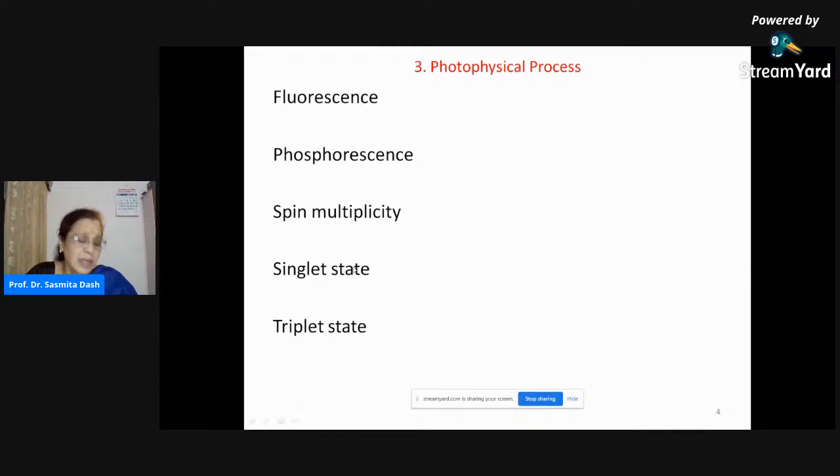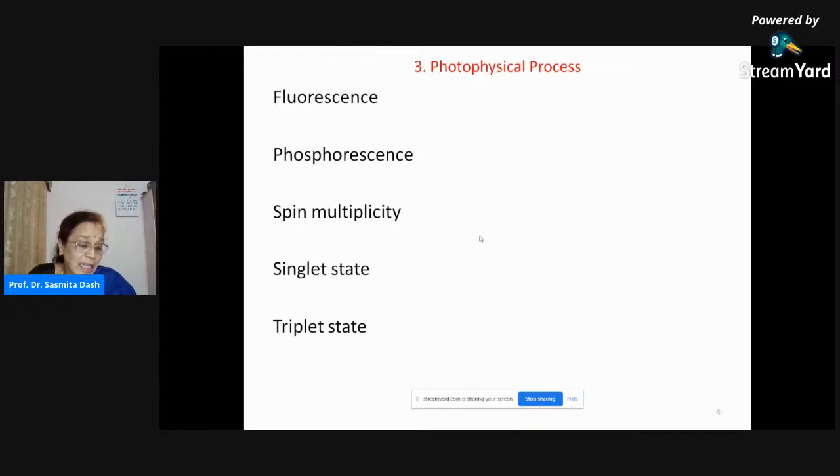Coming to the absorption of light, in which one of the paired electrons goes to a higher electronic state, the spin orientation of the two single electrons may be either both parallel or both antiparallel. So in that case, the total spin S will be equal to half plus half, equal to 1, or minus half minus half, equal to minus 1.